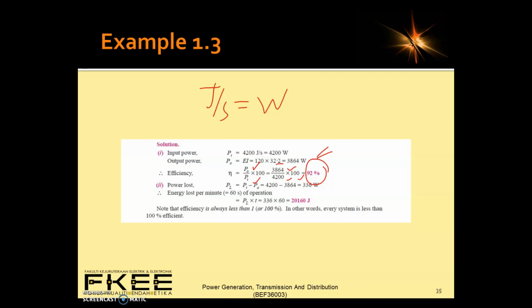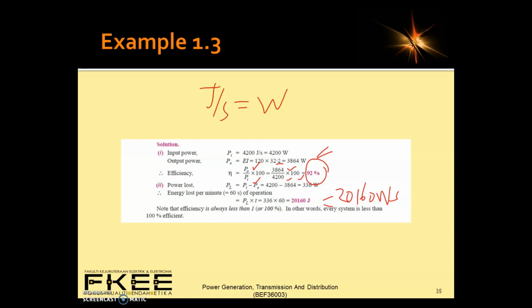So energy loss per minute, 1 minute is equivalent to 60 seconds of operation, so it is PL times T. So PL, the power loss, is 336, you multiply with 60 seconds. Then you get 20,160 joules, or 20,160 watt seconds.